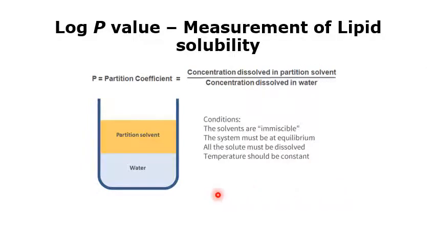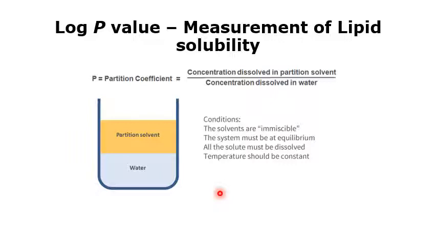An expression for the lipophilicity of a drug, a physicochemical value, is called the log P value. Through this log P value, we can measure how lipophilic the drug is.